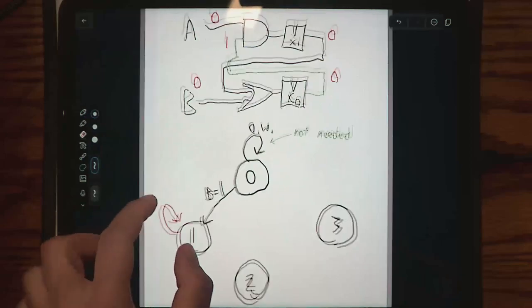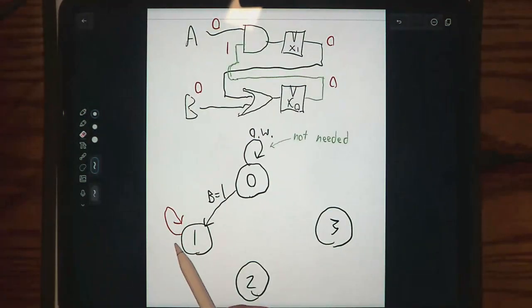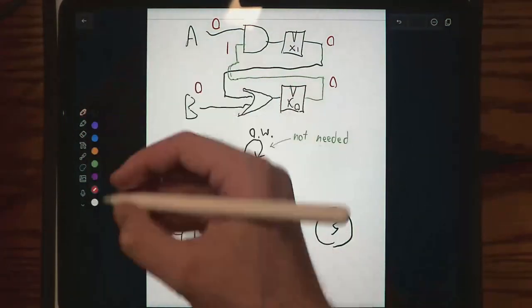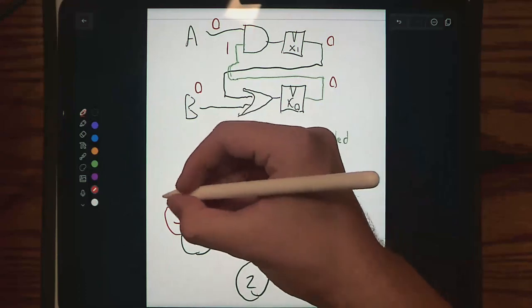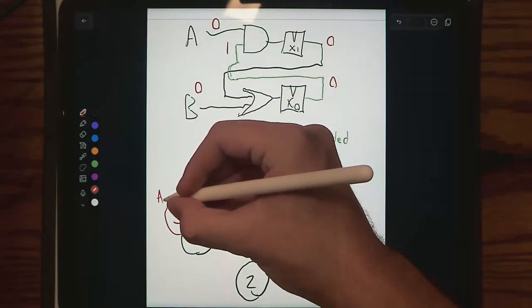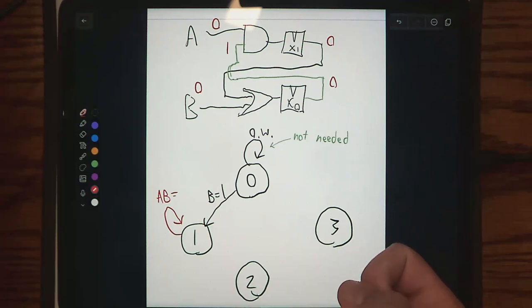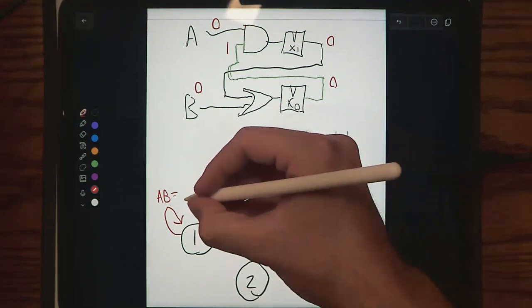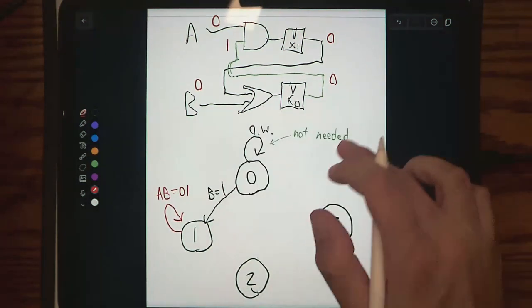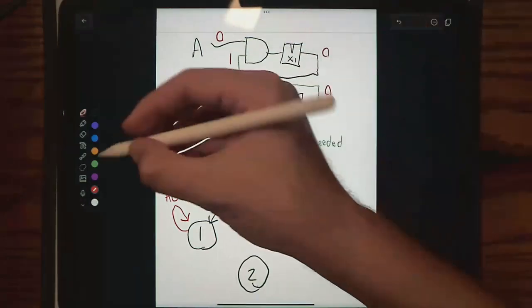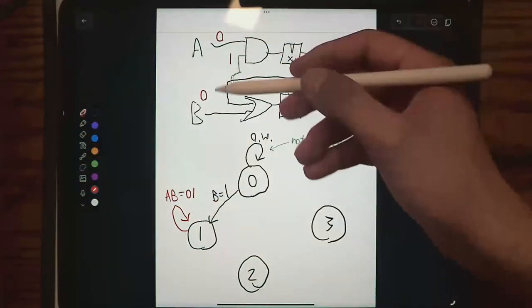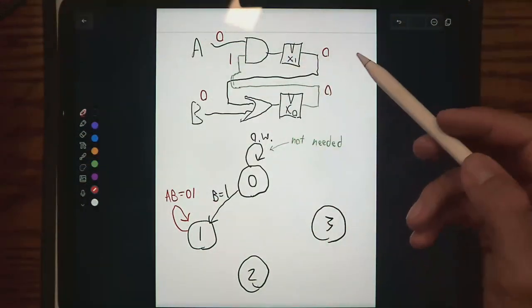So let's denote that. What was the case when we had it loop back to itself? I'll say AB equals what value? I think 0, 1. Okay. And then what happens if we have 0, 0 passed as our input? Then what is the next state?